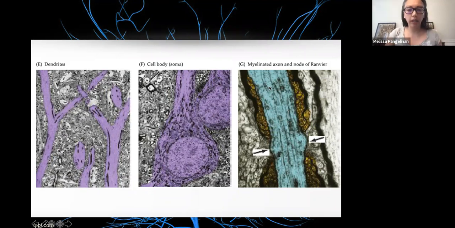And then here's an example again of our myelinated axon, so axon with myelin. And you can see that there's a break in that axonal sheath, and that's called the node of Ranvier. And we'll talk about why that's important for what's called saltatory conduction along the axon.